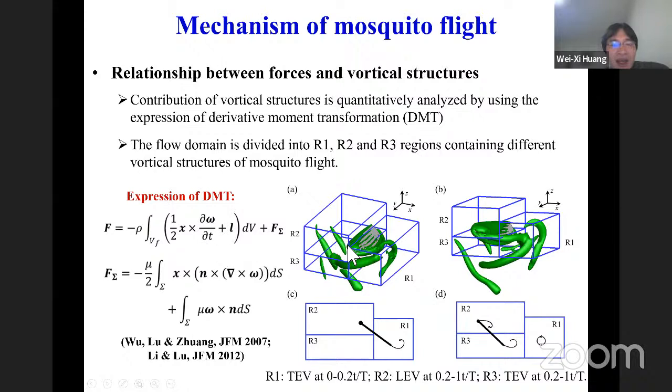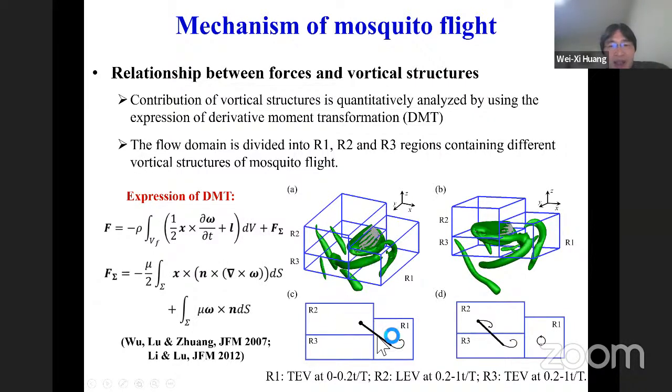We can divide the flow region into different sub-regions. In each sub-region, we can calculate this formulation to get the force of this sub-region.